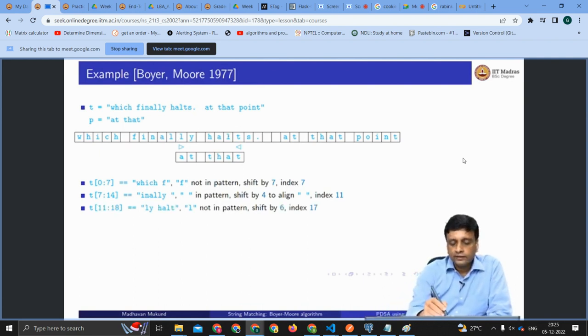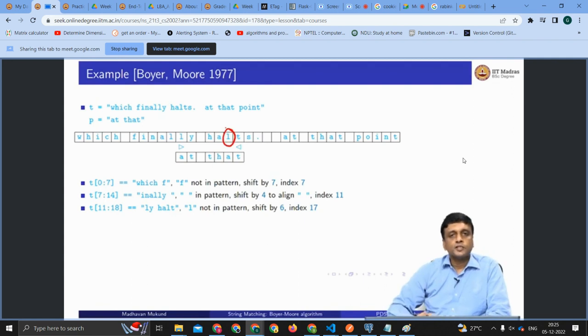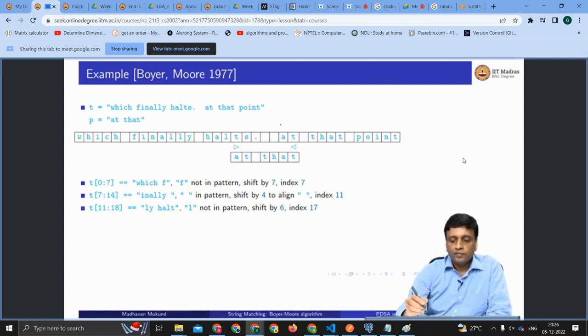Here, if I go from the right, this becomes my first mismatch. This mismatch involves a letter L, which is not there in my pattern "at that". Since it is not there in my pattern, I must go past it and start from here onwards. So I shift by 6, and my next search starts at the TS of "halts". Now this matches, but then there is a first mismatch, again a space.